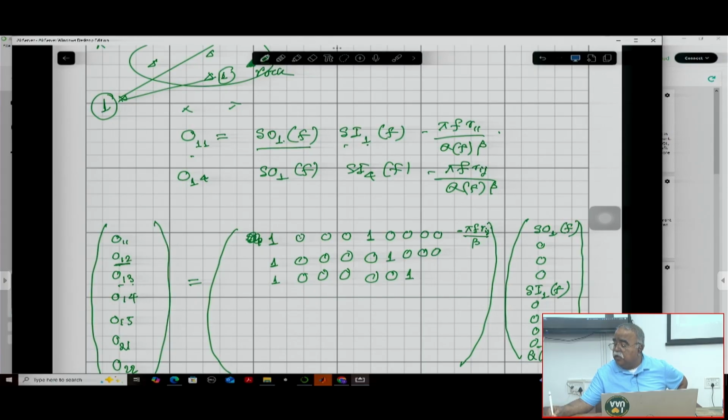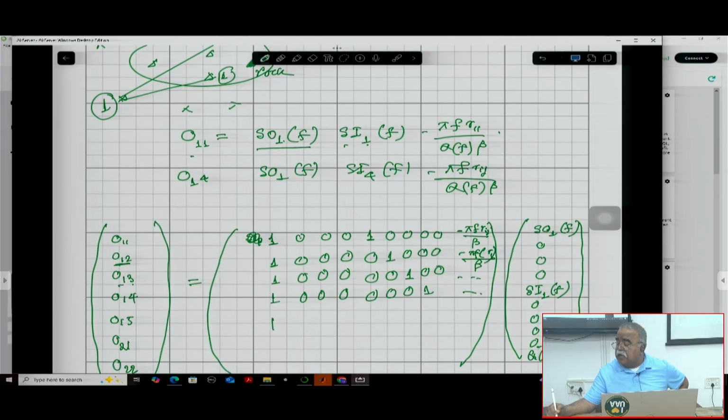Then 1, 4 means 1, so that has been recorded, right? So now you can say A011 means if you multiply SO1, then all are 0, S1F plus all 0, and then minus QFRB, right? This is the same number divided by beta. So this way you can go on writing it.